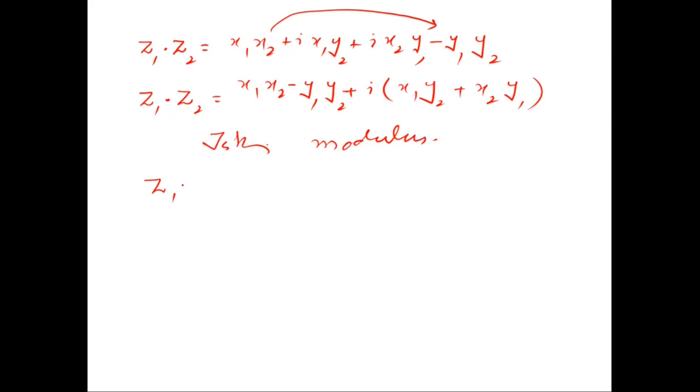Taking modulus, z1 multiply z2 modulus equals square root.